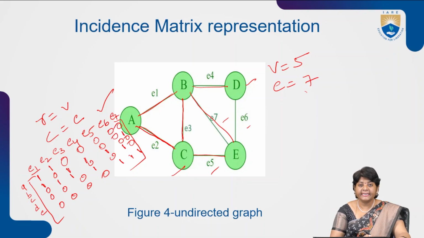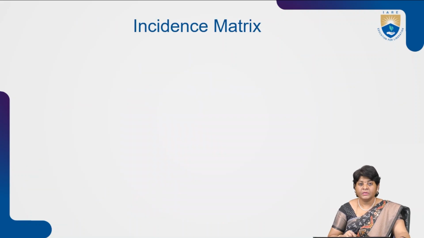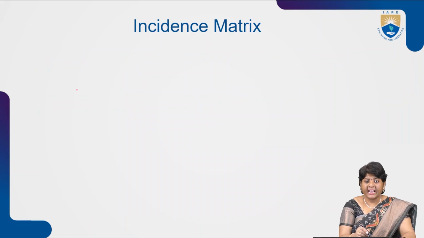If a directed graph is given, how will we find the incidence matrix? Let me take a simple graph with directions.